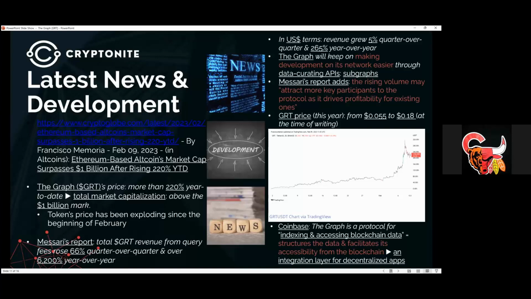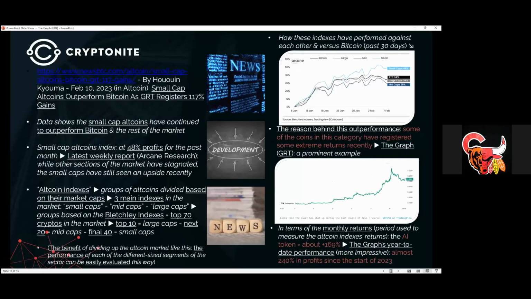over the next bull market. Now, the other thing is some of those smaller cap altcoins are performing better than Bitcoin so far in the small trend we've seen over the past few weeks. So they are gaining more, and in the case of GRT, it registered a 117% gain, outperforming Bitcoin.